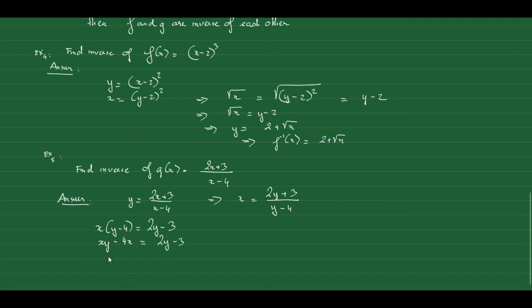Okay. Then you see over here we have two terms with y. We have to get them together. Subtract both sides by 2y. Then in order to combine these, we're gonna factor the y out. Okay. Then from here, I can get y by itself, which is 4x minus 3 over x minus 2, which is also the inverse function.